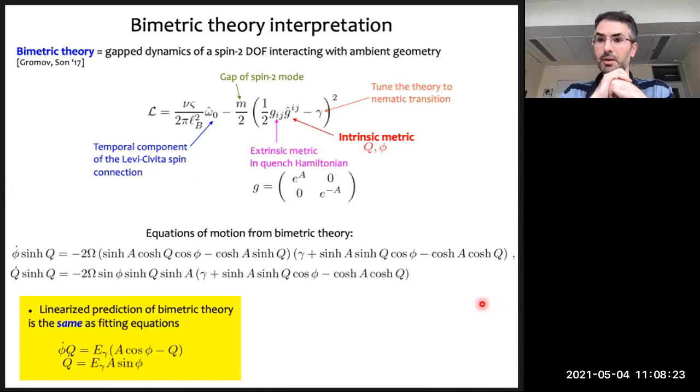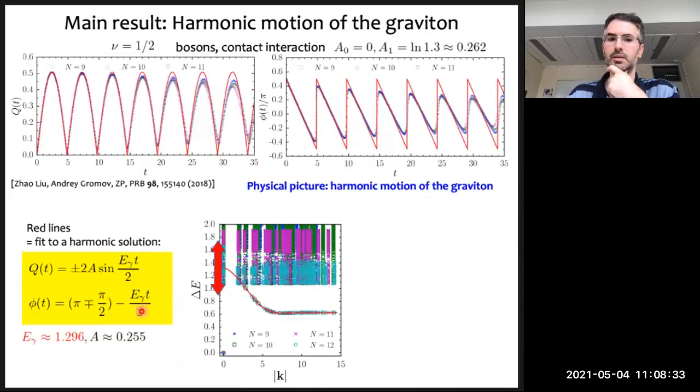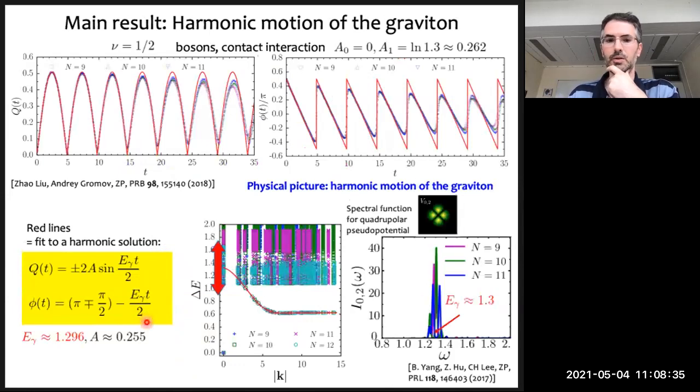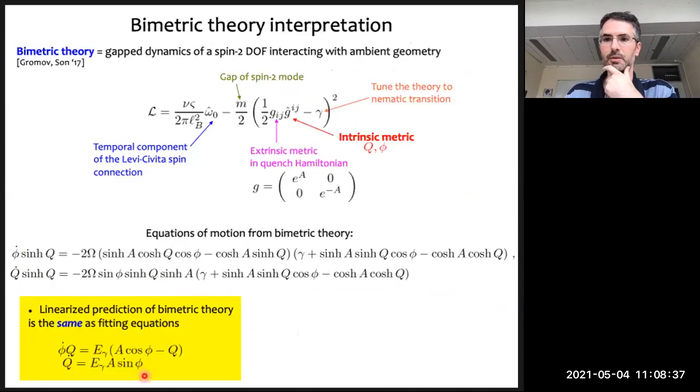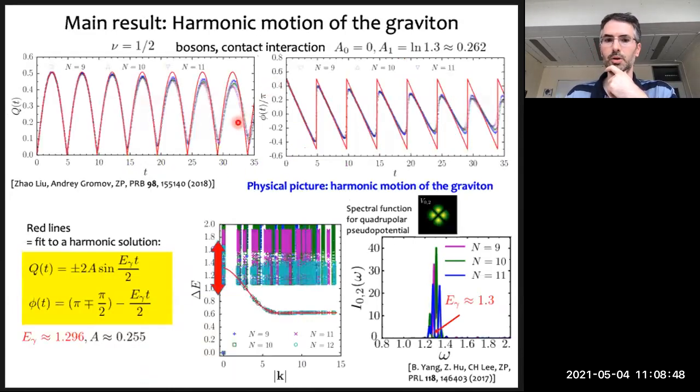But when you linearize them, you get these much simpler equations, which exactly give you the solution that we had on the previous slide. And the important thing is that by linearizing these equations, you essentially don't lose any information on these timescales that we had in this plot.